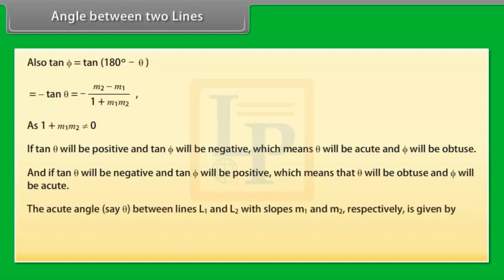The acute angle, say theta, between lines L1 and L2 with slopes m1 and m2 respectively is given by tan theta = modulus of (m2 - m1)/(1 + m1 m2), as 1 + m1 m2 is not equal to 0.